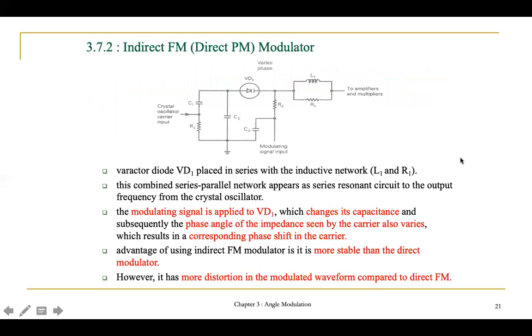The process of the indirect FM modulator is that the varactor diode VD1 is placed in series with the inductive network L1 and R1. This combined series-parallel network appears as a series resonance circuit to the output frequency from the crystal oscillator.